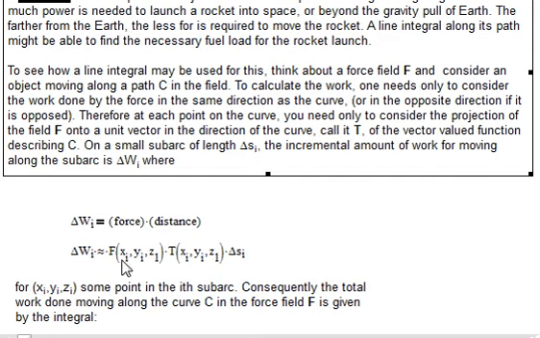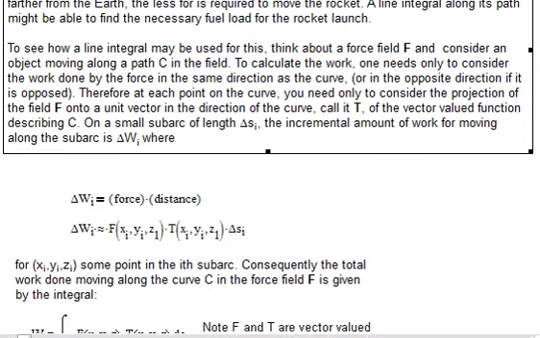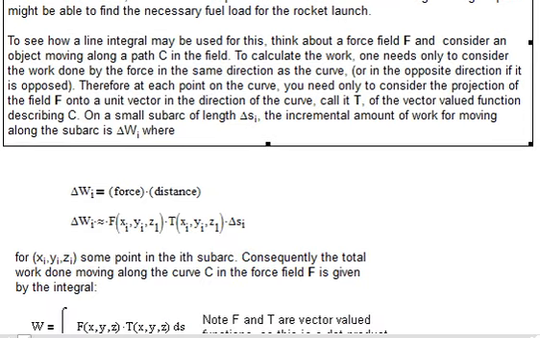So it's F of x_i, y_i, z_i, the force at that particular spot, times a unit vector in the direction that that force is being asked to move in, times our delta s_i, which would be associated with the length of that subarc.